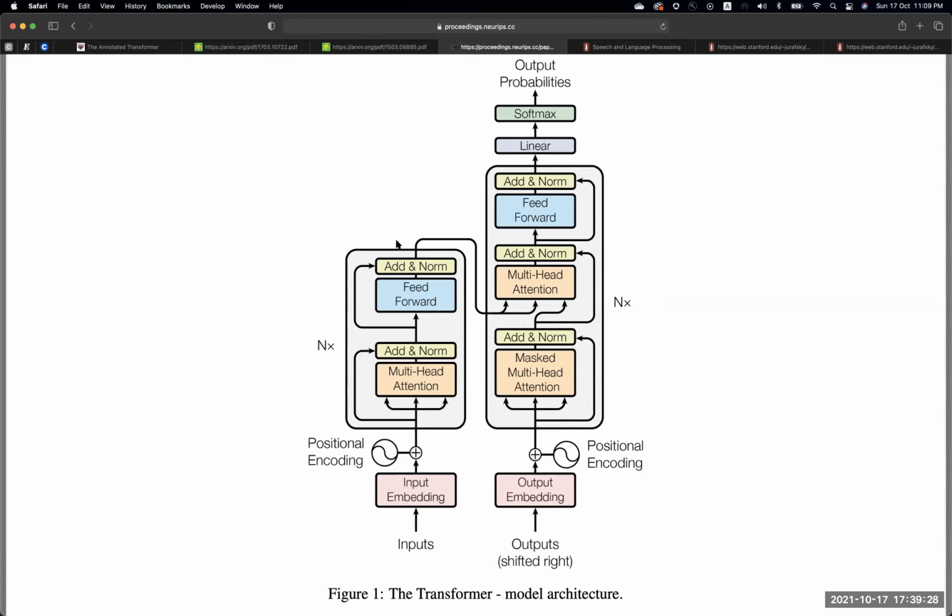And then the encoder's outputs are used for key and value. So this can be understood. Another term for encoder-decoder attention is cross attention.